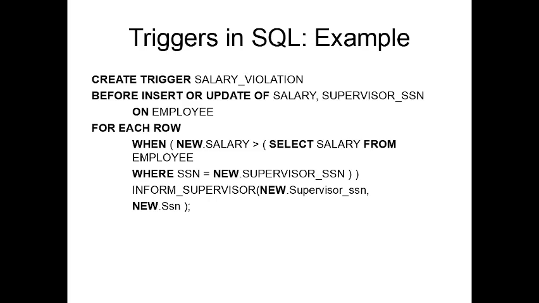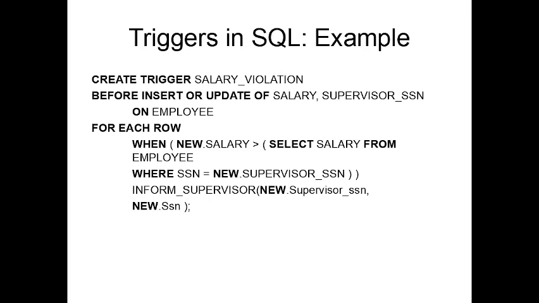So, what are these several events that can trigger this rule? For example, suppose we are inserting a new employee record, or changing an employee's salary, or changing an employee's supervisor. In all these cases, there are chances that the employee's salary is greater than the salary of his direct supervisor.